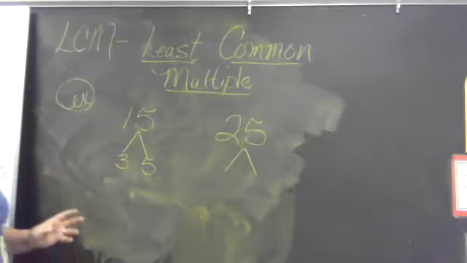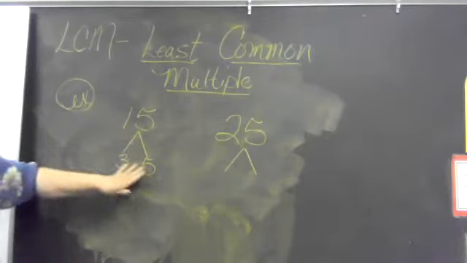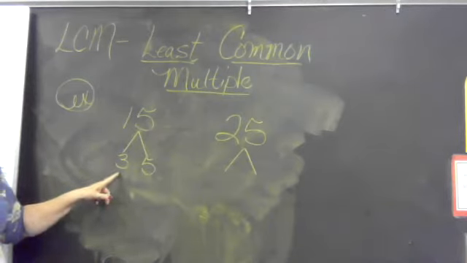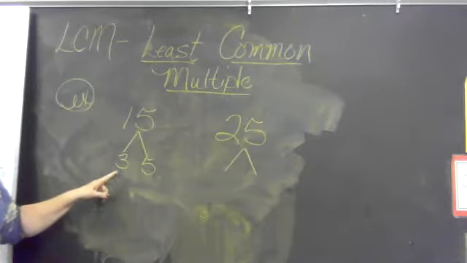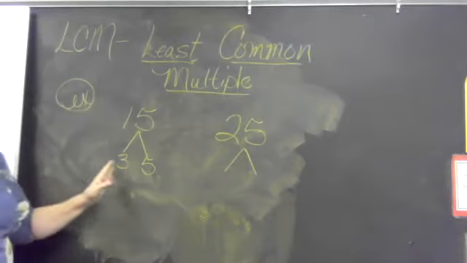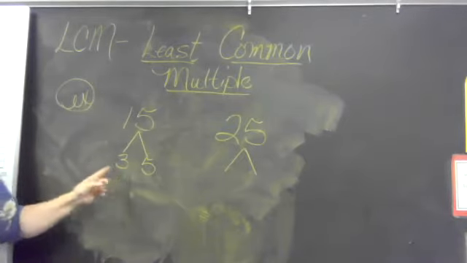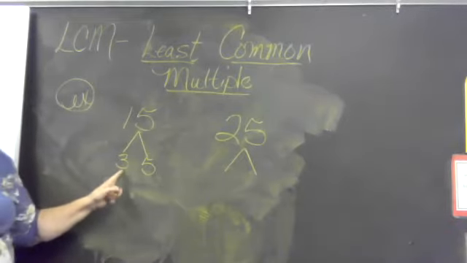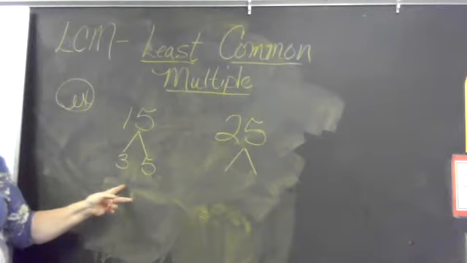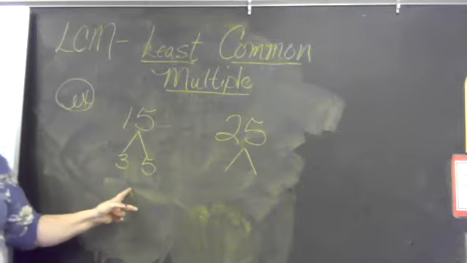Now, as you come down this factor tree, look at the 3 and say, is this prime? You guys have a chart for primes. But you can tell it's prime because the only numbers that multiply to make it are 1 and 3. If it comes down to 1 and something, then don't do it.